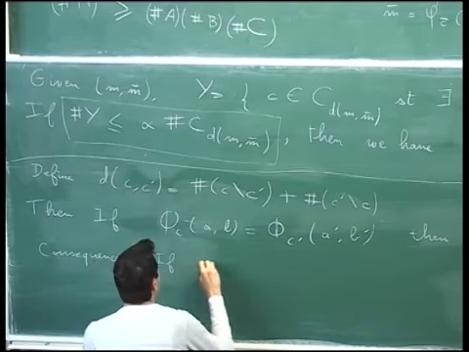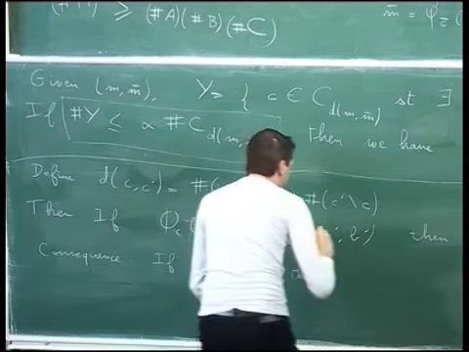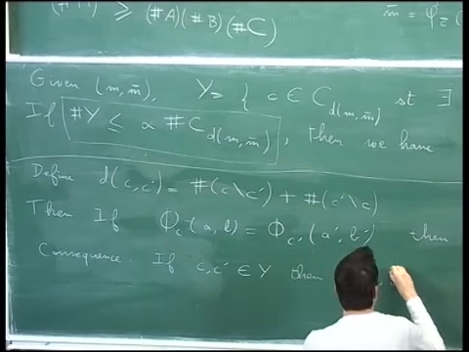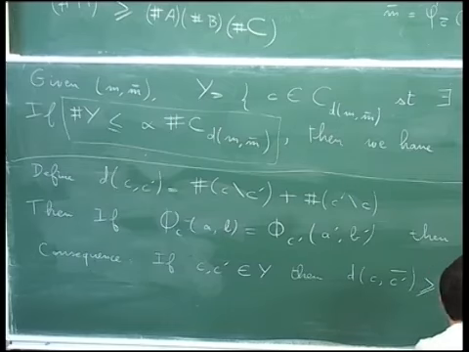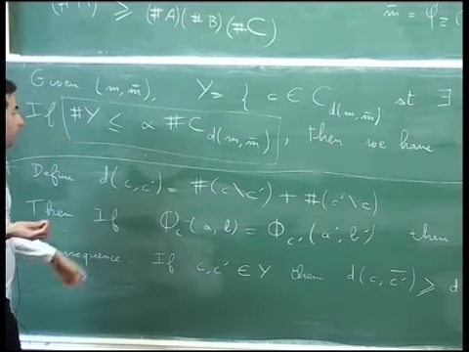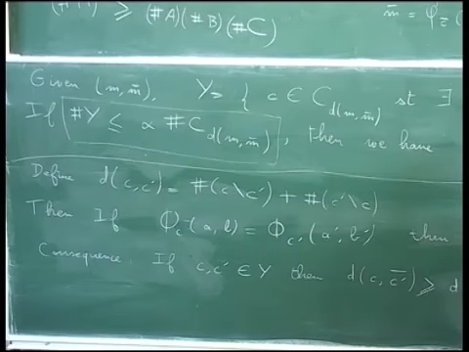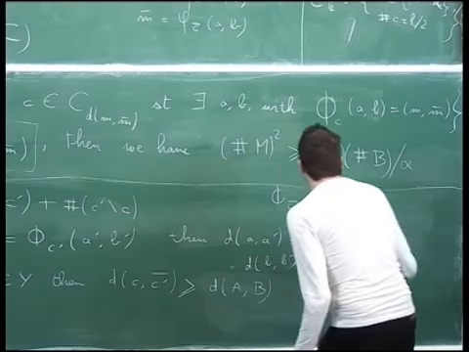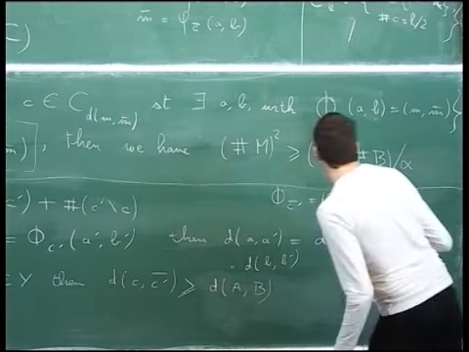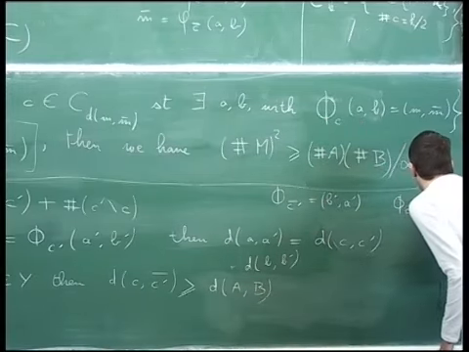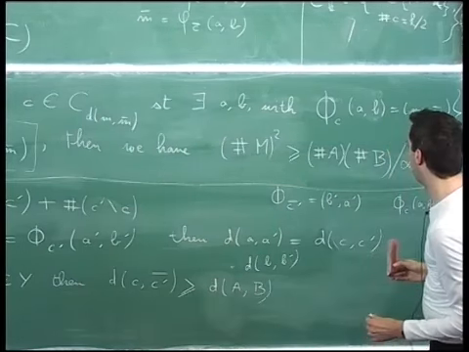If C and C prime lie in my set Y, then the distance from C to the complement of C prime bar is at least the distance from A to B, because you write that phi C prime bar is equal to B prime A prime, and phi C is equal to AB, is equal to, no, sorry, it's the inverse relation.